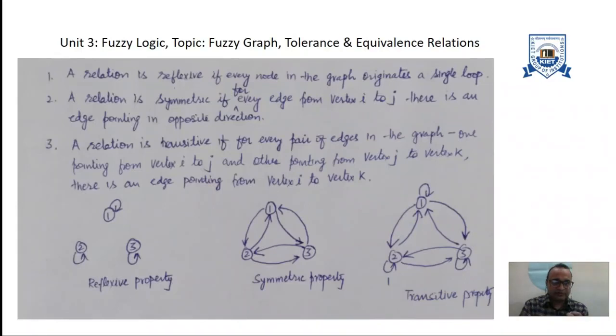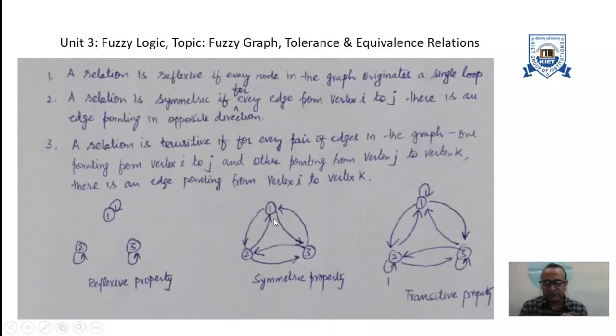Another, the second one, is the symmetric property. A relation is symmetric if for every edge from vertex i to j there is an edge pointing in the opposite direction. If there is an edge from i to j, then from j to i there should be an edge. It means there should be a connection from j to i also.